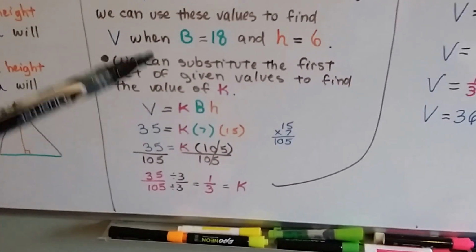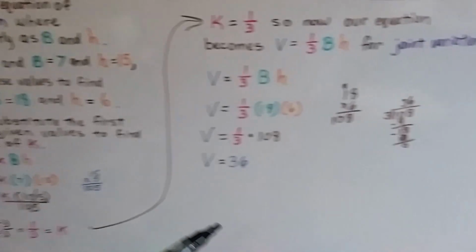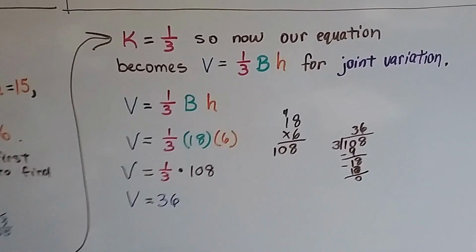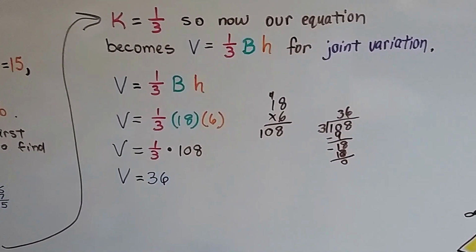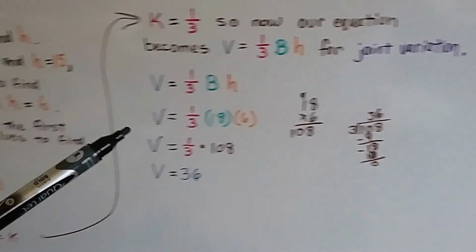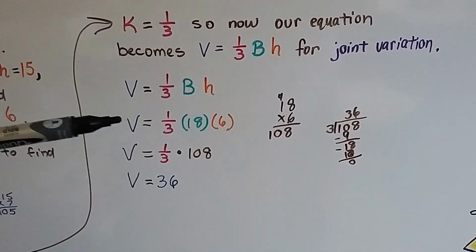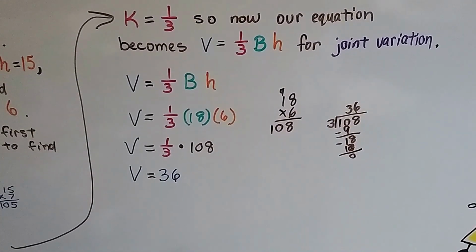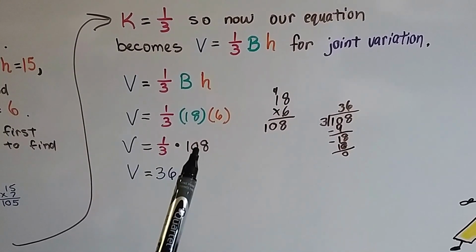We're going to use that to find V when B is 18 and H is 6. So now our equation for joint variation is V equals 1/3 BH. We plug in our values of 18 and 6 from the second set of information, and 18 times 6 is 108. So now we've got 1/3 times 108.